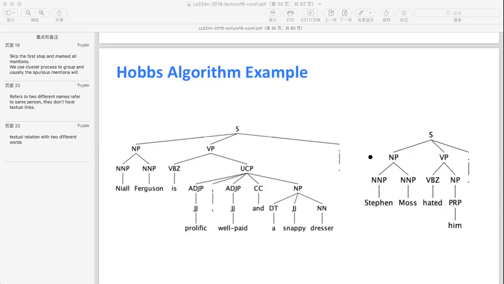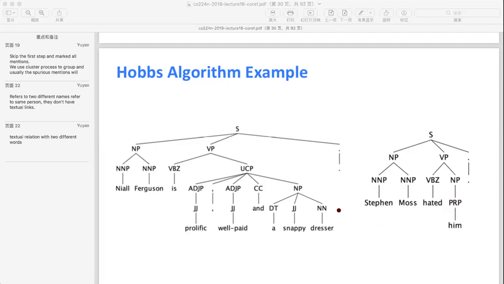This is the first sentence we need to identify and find out that they have a noun. Here, I'll change to another color. The noun is Stephen Moss, the first noun of this sentence. So the machine will think, okay, is this sentence a candidate for the antecedent of this pronoun?